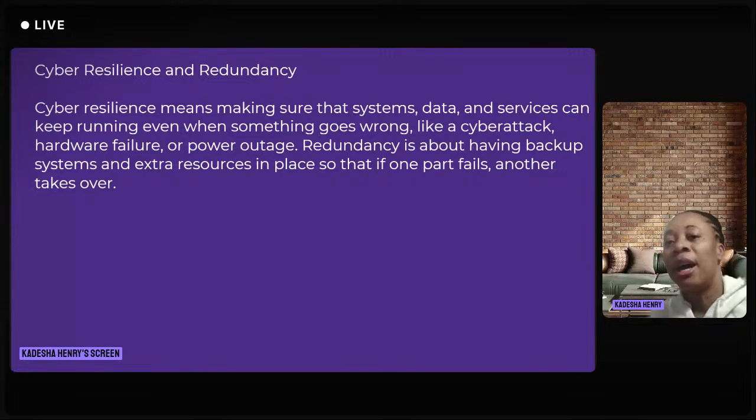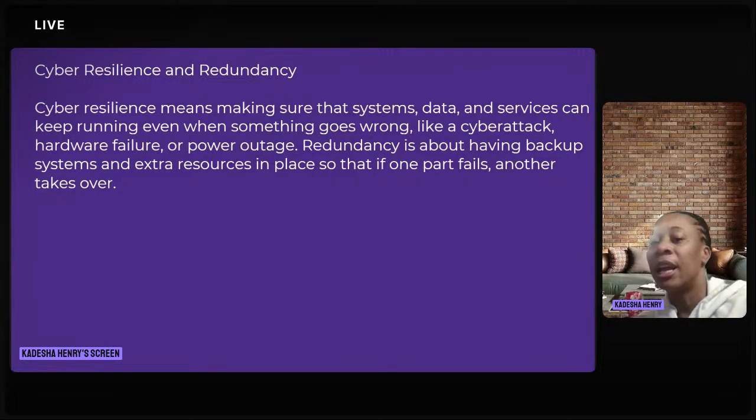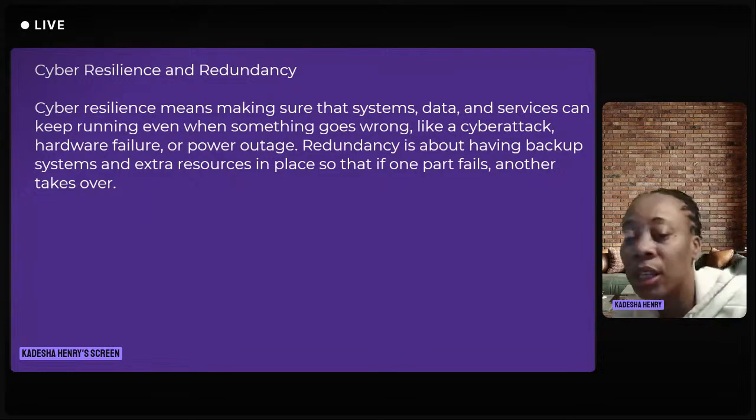So can you imagine if there was no load balancer on the system, and the system gets disrupted or fails, everything will go down. Or if there wasn't any segmentation, everything will get hit in the network. So it's important.